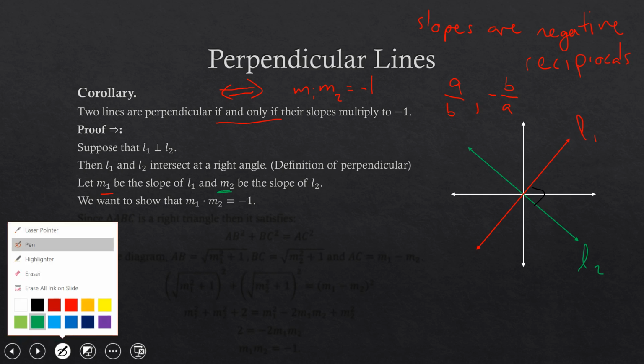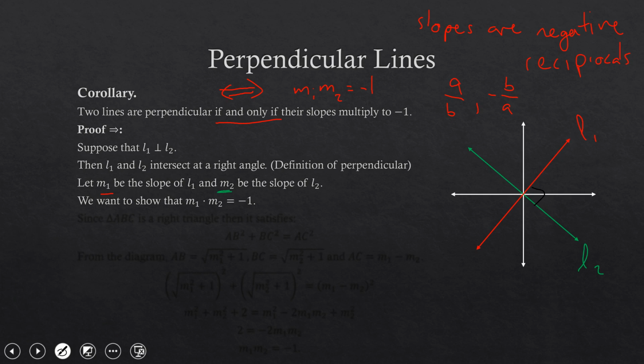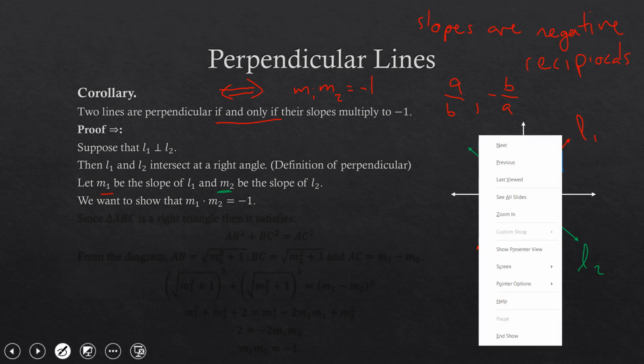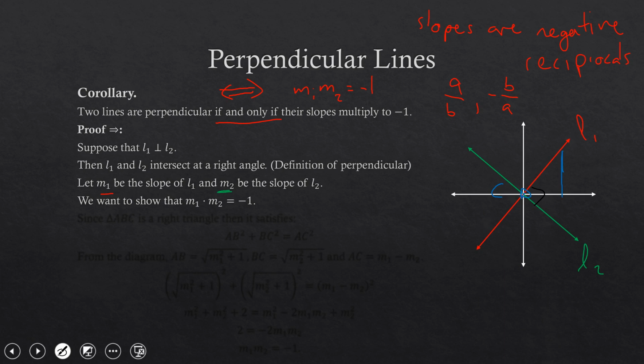So let's go ahead and find some points here. They're going to meet, what colors do I like? Let's do blue. So they meet here, and we're going to call this point C. Then we can draw a right triangle. Here's our right triangle.